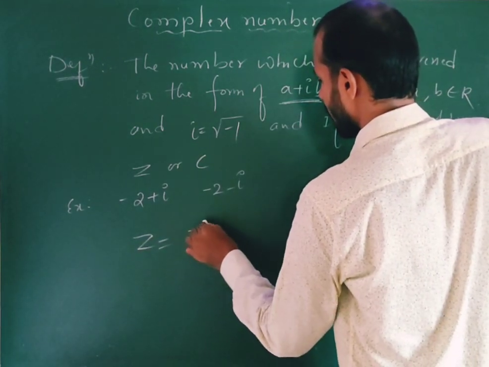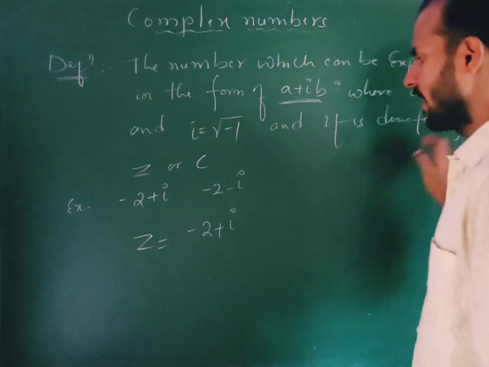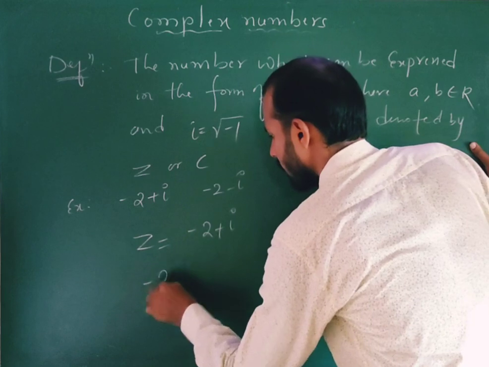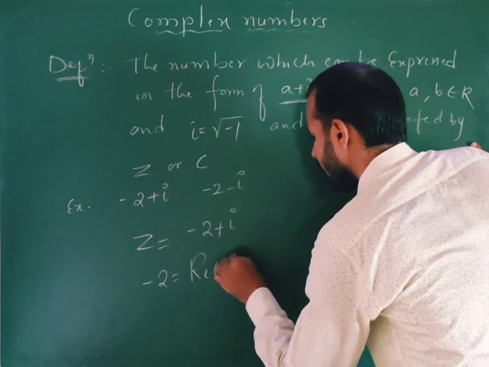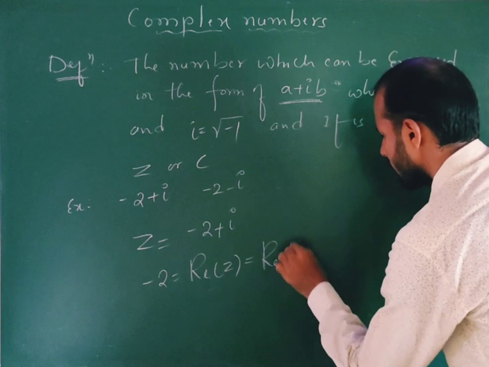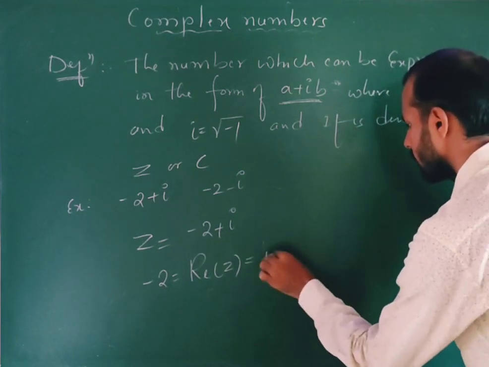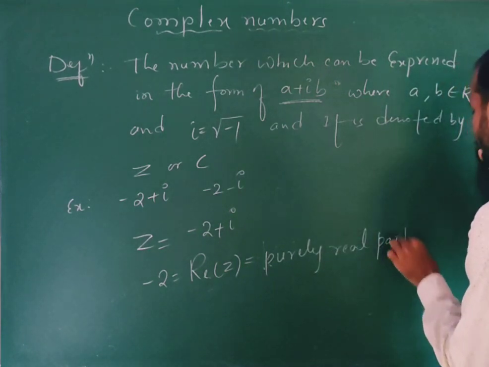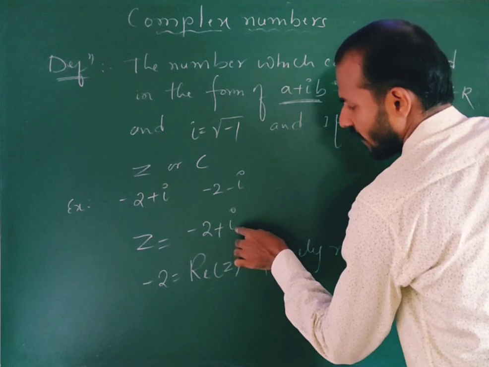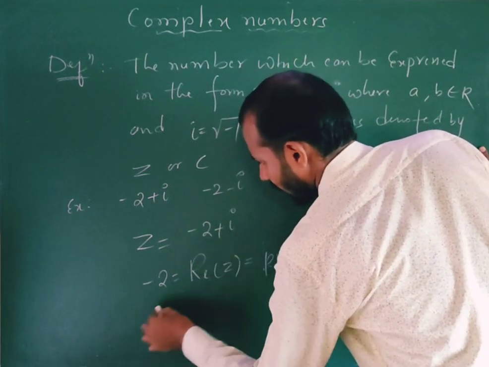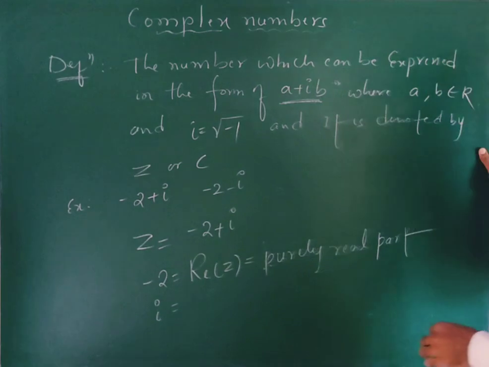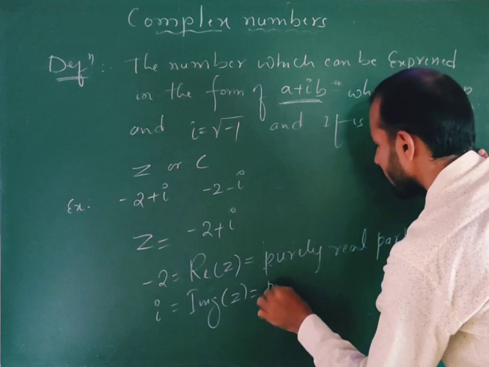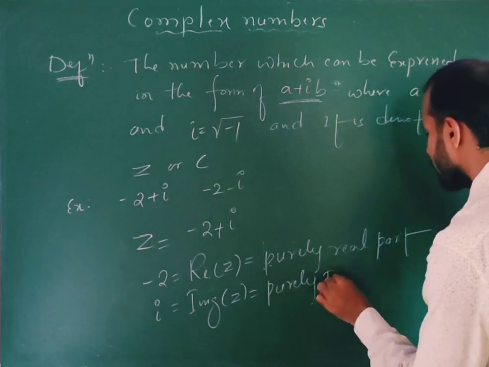For example, Z equals minus 2 plus i, where this first part, that is minus 2, is what we call the real part of Z, purely real part, you can say, whereas the i value, it is i or 1i, is nothing but the imaginary part of Z, that is purely imaginary part.